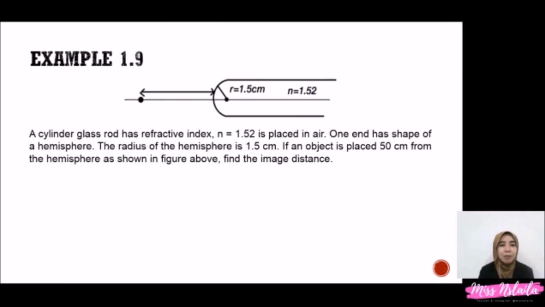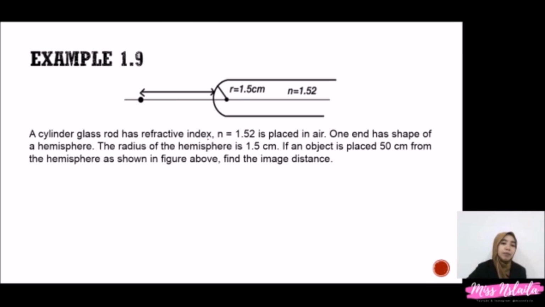Next question, example 1.9. We have a cylinder glass rod with refractive index n equal to 1.52 placed in air. One end has the shape of a hemisphere. Hemisphere is half a circle. So this is the hemisphere shape.